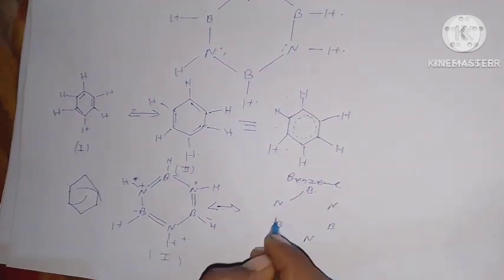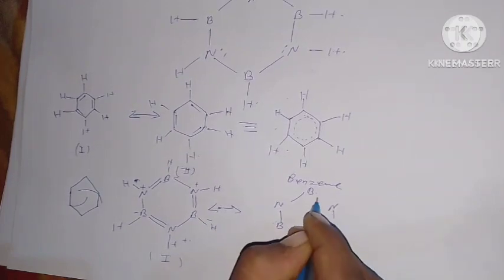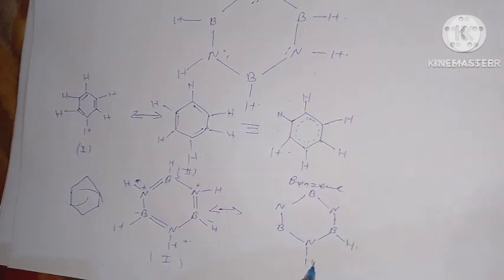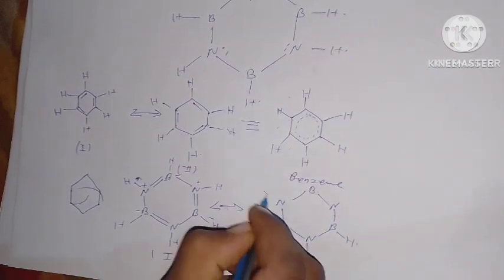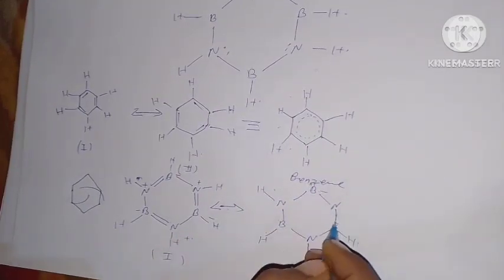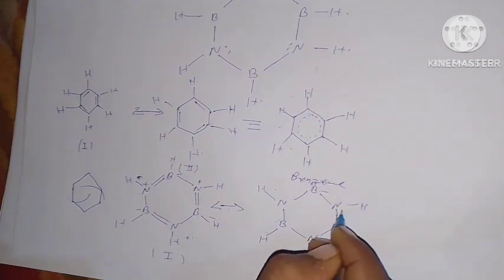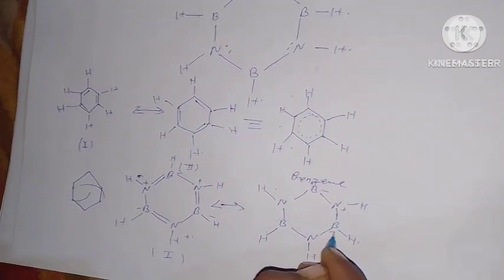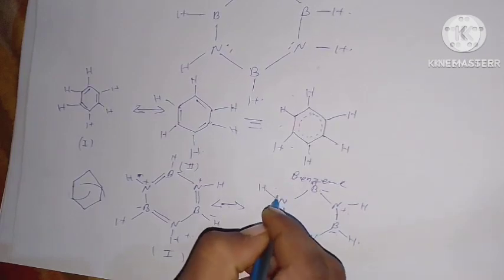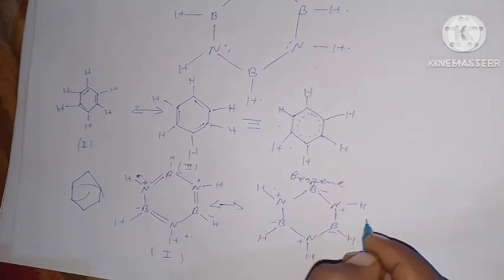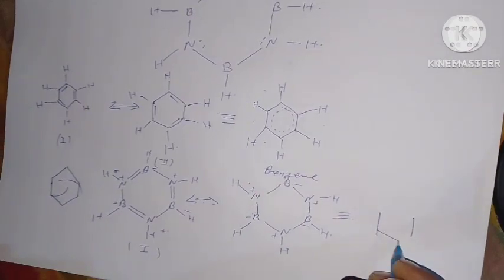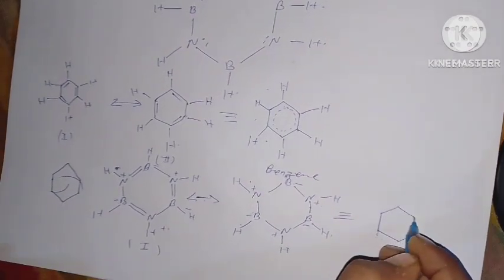Okay, hydrogen on each atom. 1, 2, 3, 4, 5, 6.